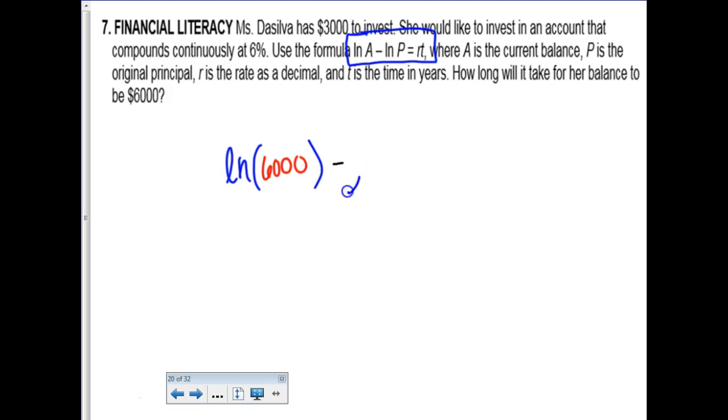Minus, and then we have the natural log of her original principal, which was $3,000. And it equals the interest rate, which is 0.06, because you got to write it as a decimal. And then times how many years. But that's the question. We don't know how many years, so just call it T.